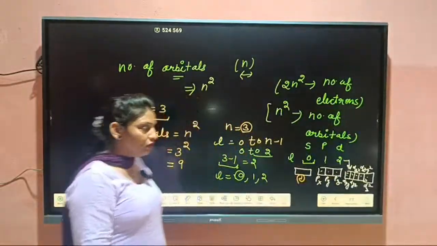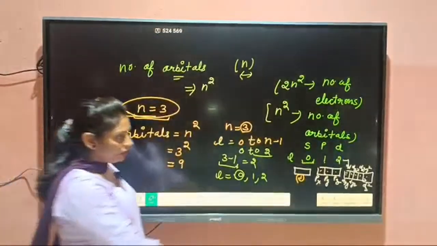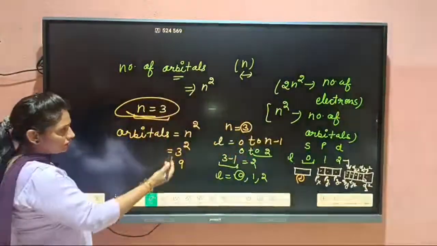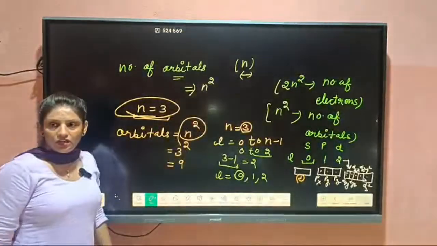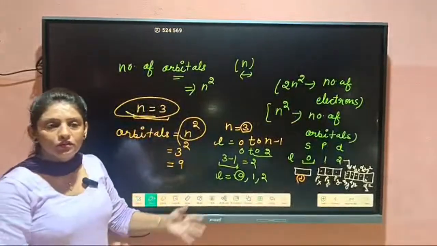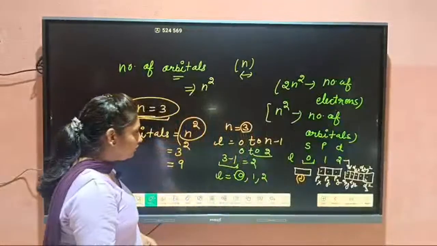So for the value of n 3, there are a total of 9 orbitals, and directly we can calculate by using this formula. By calculating the value of n square, we can calculate how many orbitals are there. Okay, we can take one more example.